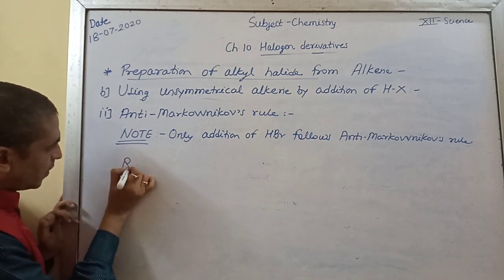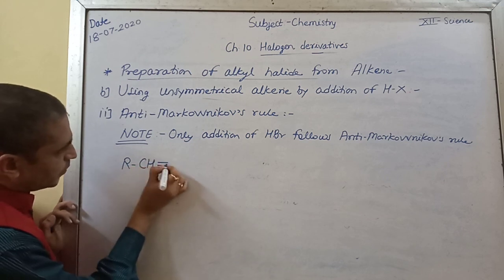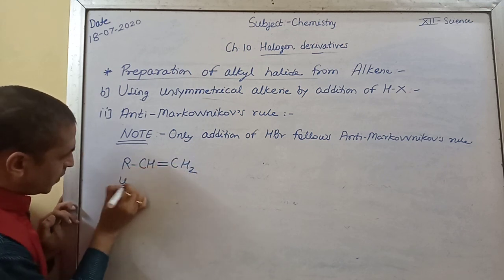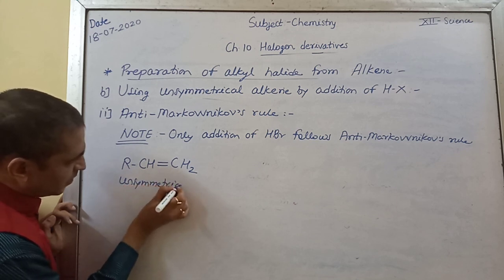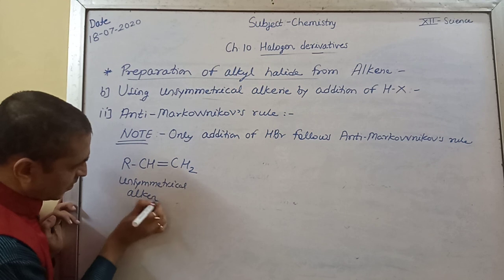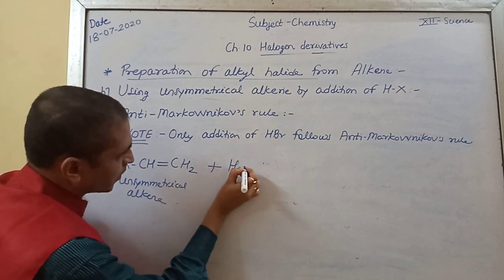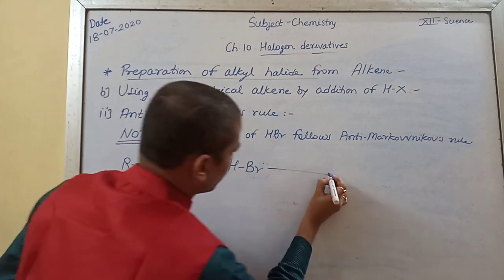I put here RCH double bond CH2. It is an unsymmetrical alkene, plus HBr, because it is applicable to only HBr.